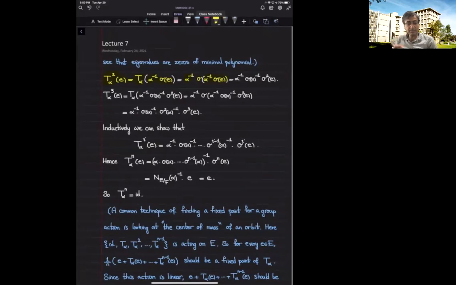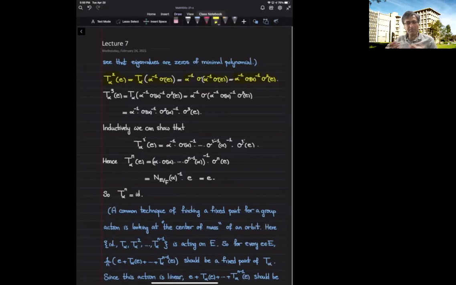But sigma is an F linear automorphism of E, so sigma of alpha inverse times E is sigma of alpha inverse times sigma of E, and then I get sigma squared of E. So altogether we get alpha inverse times sigma of alpha inverse, and then apply sigma squared to E.